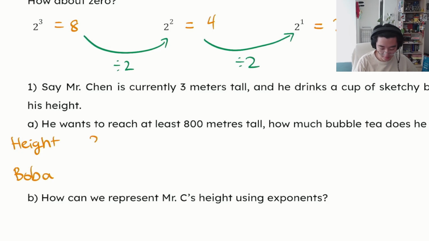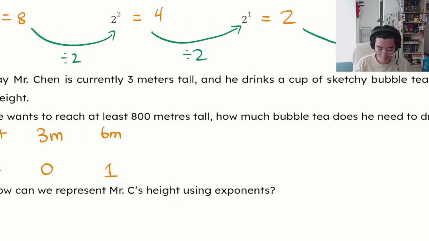So I start at 3 meters, and that's when I have drunk 0 cups of bubble tea. After I drink one bubble tea, I go to 6 meters. After 1 cup, I just double my height.